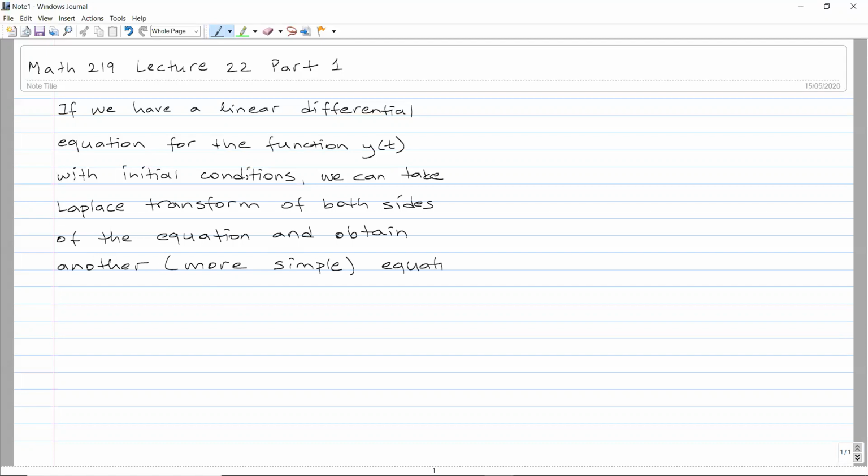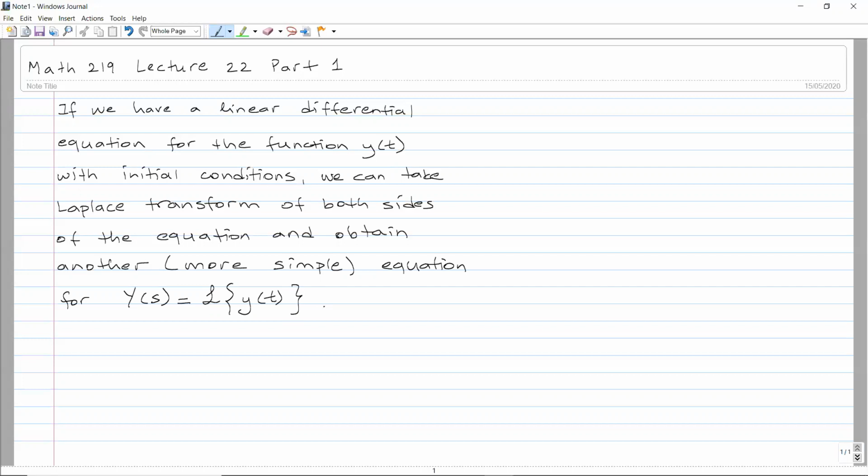But now our equation is going to be for, since we are taking the Laplace transform, a different function. It's going to be the Laplace transform of our unknown function, y of t.